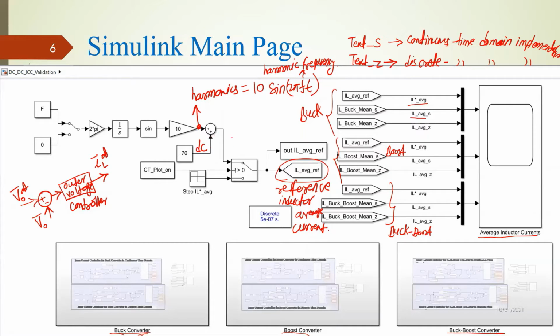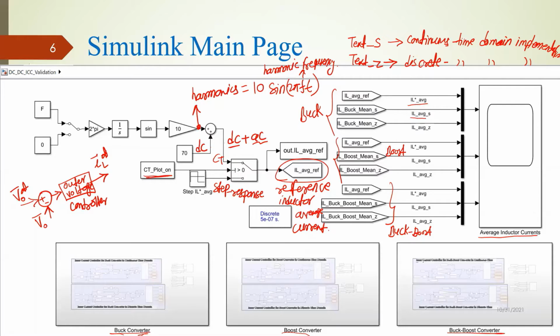So what we give as a reference is DC plus AC. So this is our harmonics, this is our DC value, and this is the one variable which I described in the MATLAB script, that decides whether you want to do a step response or you want to get the closed loop command tracking. So this upper signal, this reference, we use to get the command tracking plot, and this lower reference signal we use to do a step response.